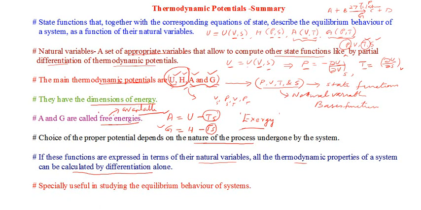If each of these potential functions is expressed in terms of its natural variables, meaning you are writing U in terms of V and S, H in terms of P and S, and so on, then all the thermodynamic information regarding a system can be obtained from this function by simply doing differentiations. And that's what you are seeing here, is it not? You are writing U(V, S), then can't you obtain the pressure of the system? Yes, just take the differentiation. Can't you obtain the temperature of the system? Yes, you take the differentiation, because other variables are already known to you, right?